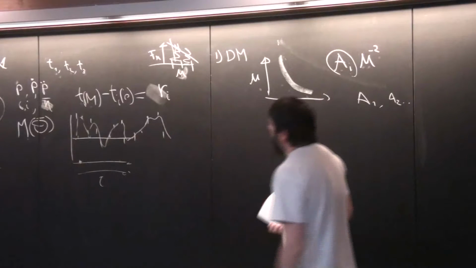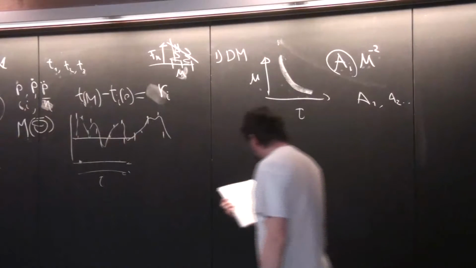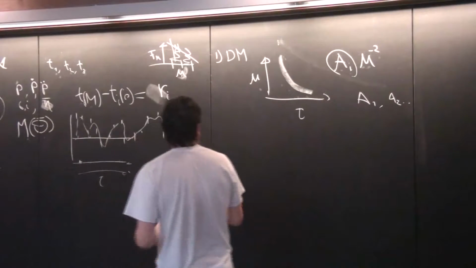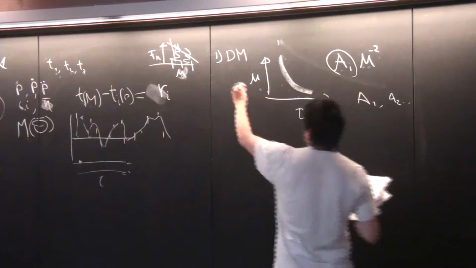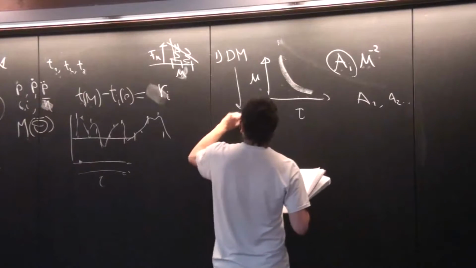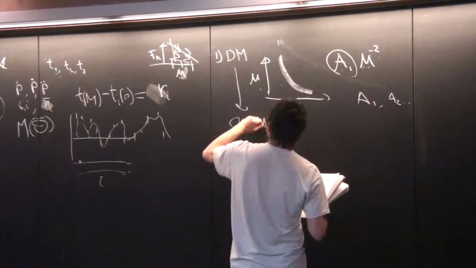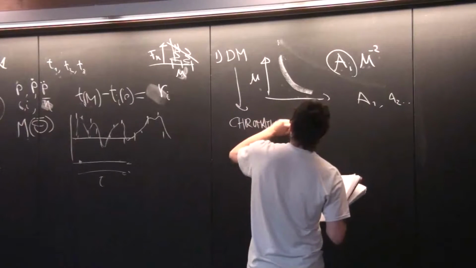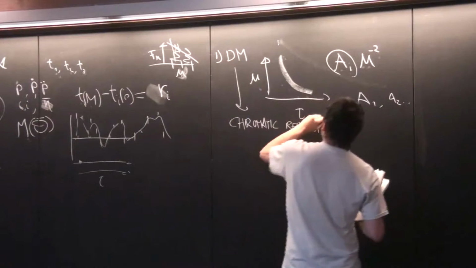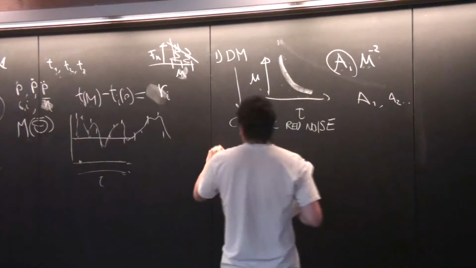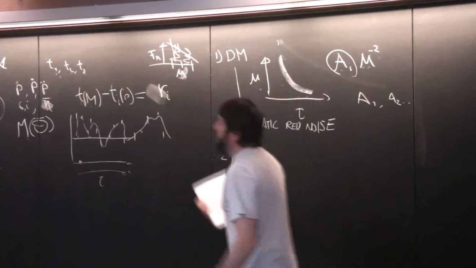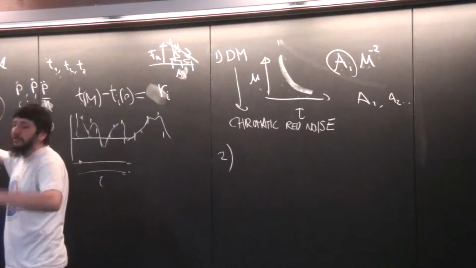So when you model, you have this effect. So this is DM, chromatic red noise. Then you have, of course, your pulsar does stuff that you don't know.